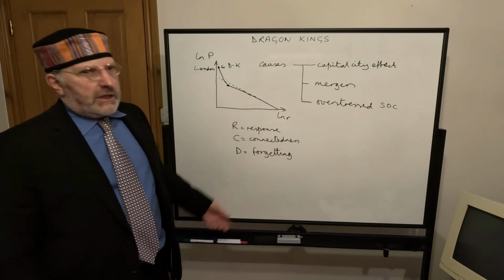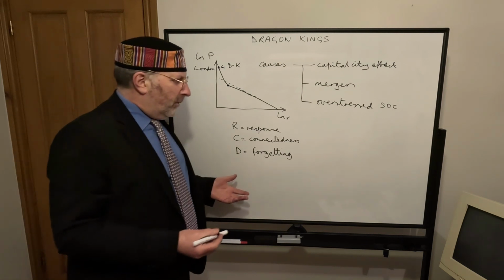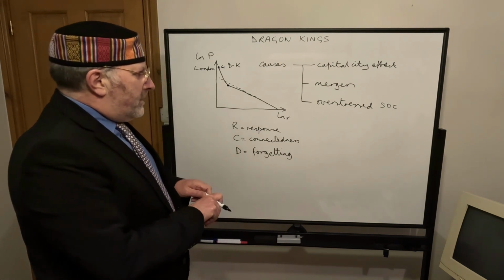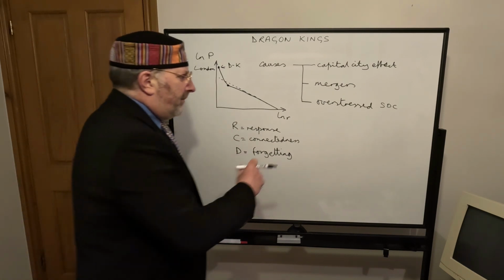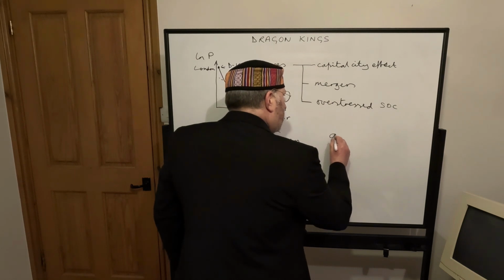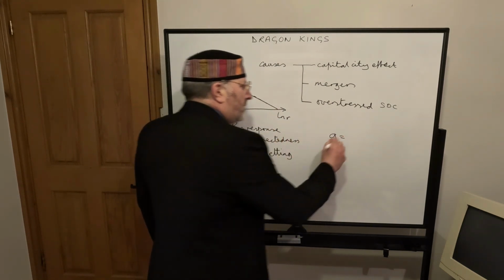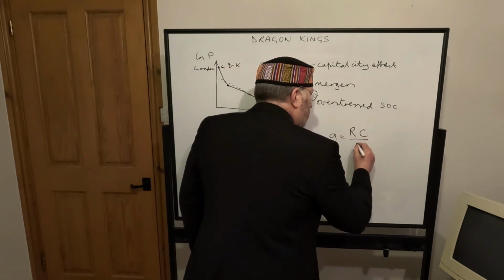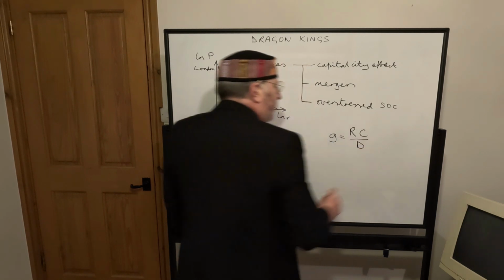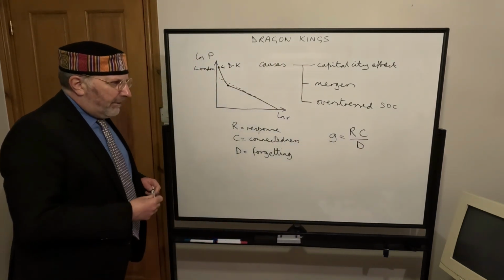So D measures that, the tendency to forget and stop being influenced after a while. And they find that the behaviour of their model depends on a parameter they call G, which is a combination of these. So it's just the response times the connectedness divided by this forgetfulness or forgetting parameter.